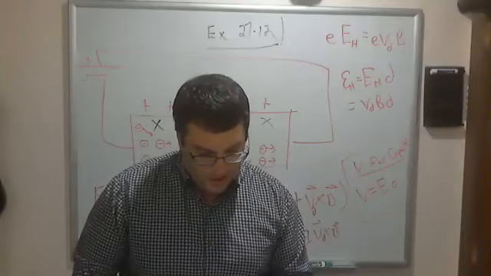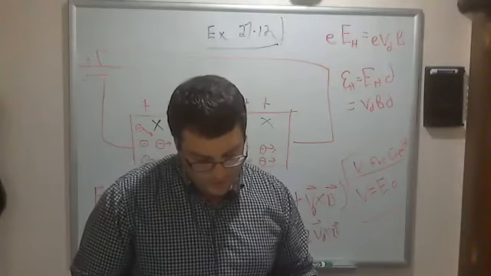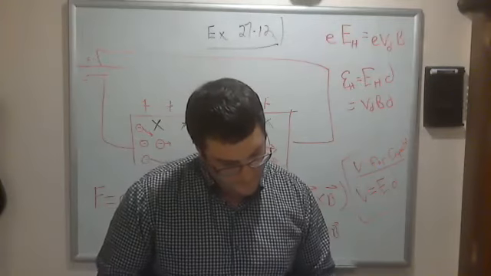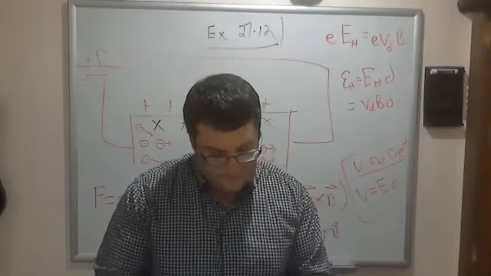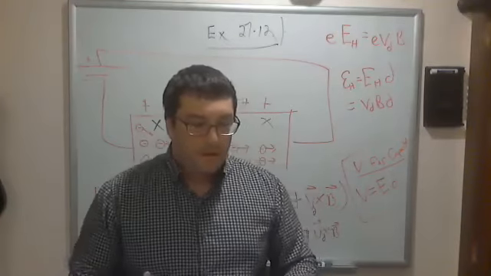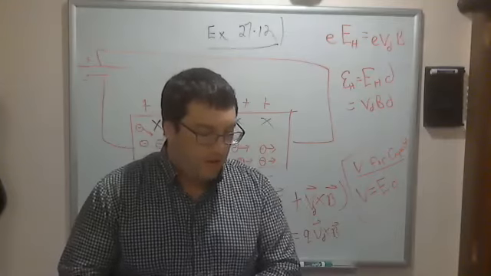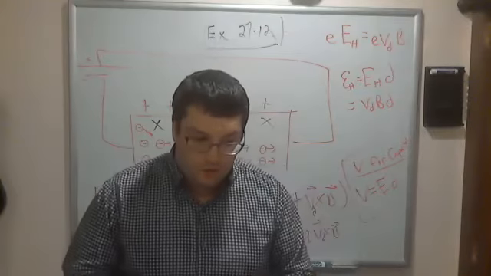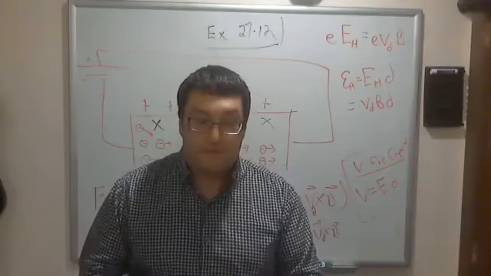Now we'll start on chapter 28. Okay. So far we just talked about the forces due to a magnetic field. We didn't describe how to get a B field, right?